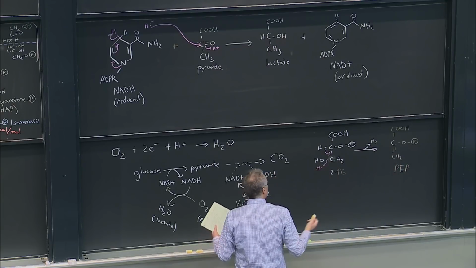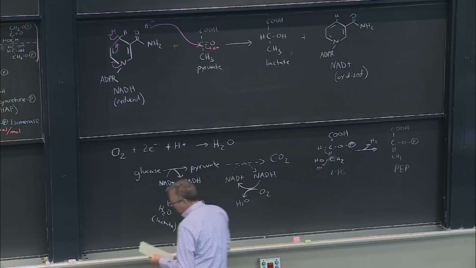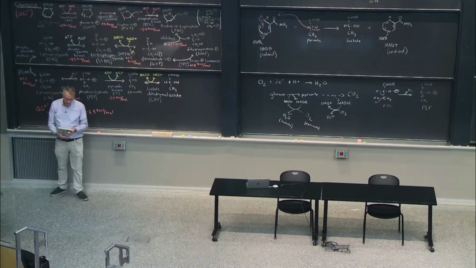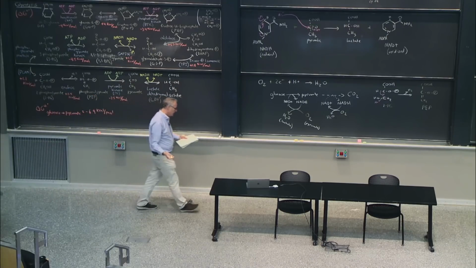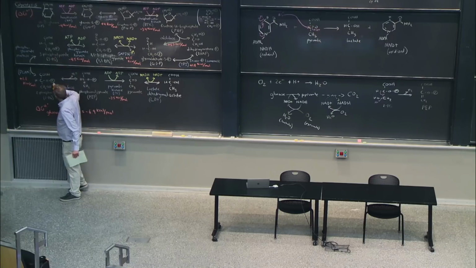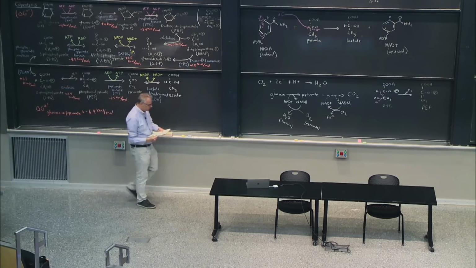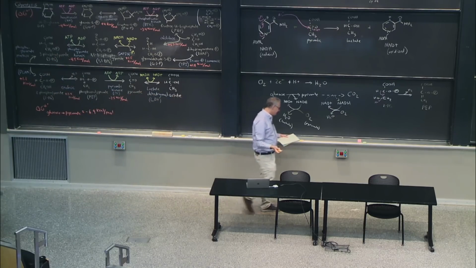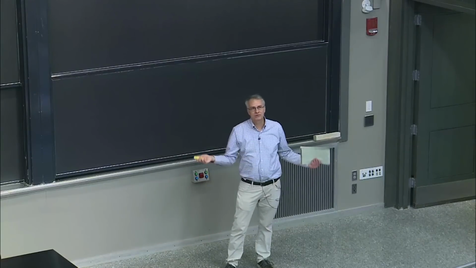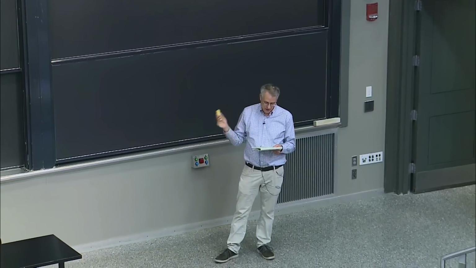The next step I want to discuss, phosphoglycerate mutase, is an example of a mutase reaction. That is, remember, it's moving the phosphate from the 3 to the 2 position of glycerate. This is a class of reactions that has somewhat of an interesting mechanism and basically proceeds by a phosphorylated enzyme intermediate.